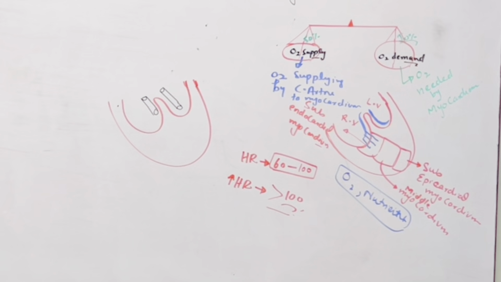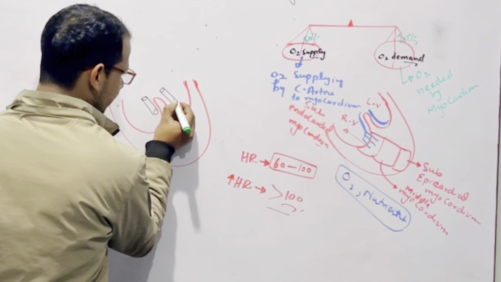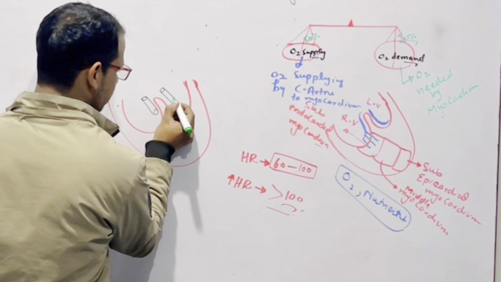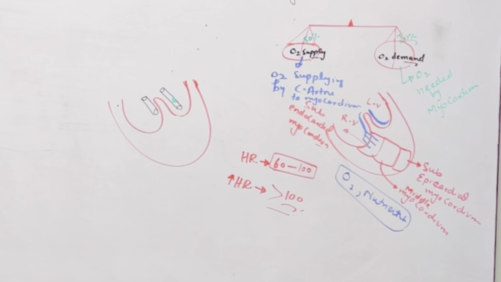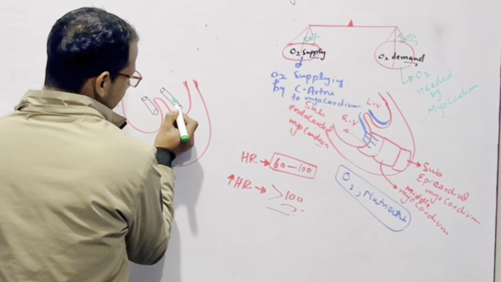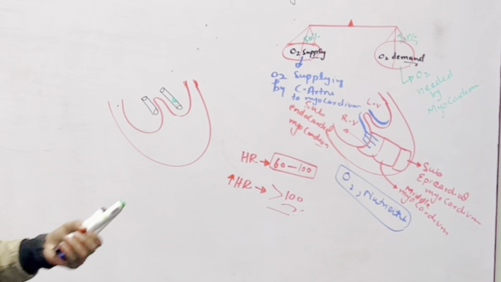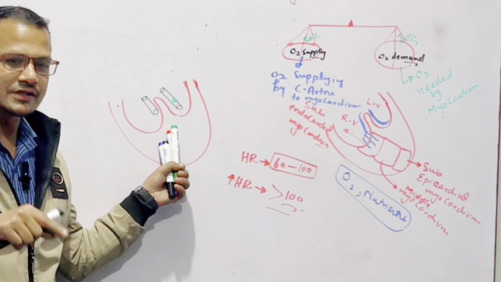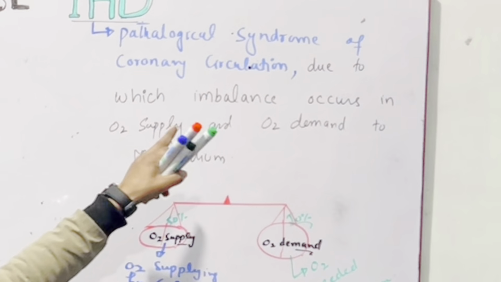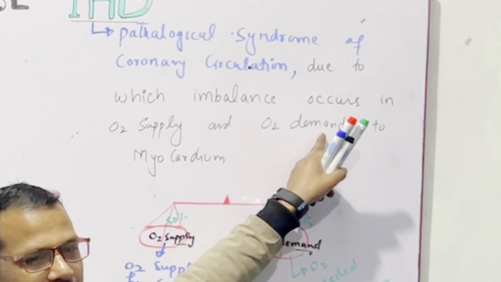If there is a block made due to fats, cholesterol, or an embolus, the blood supply through this coronary circulation decreases and the heart muscles' demand increases. This condition is called the imbalance between oxygen demand and oxygen supply.